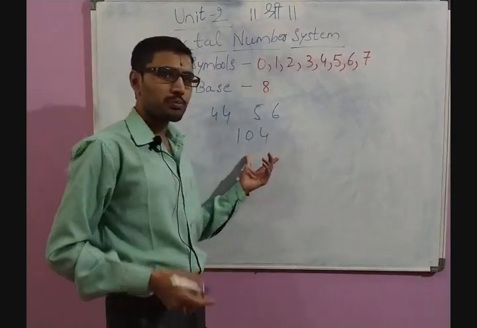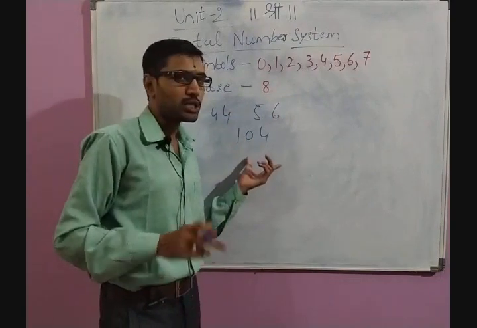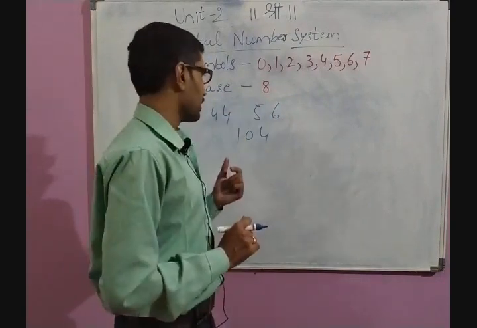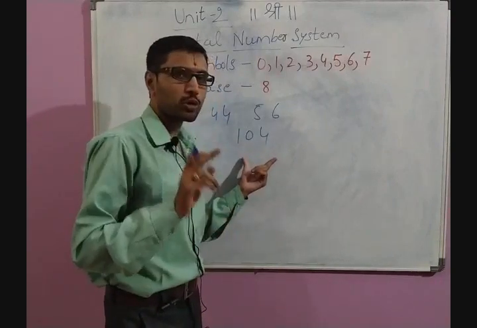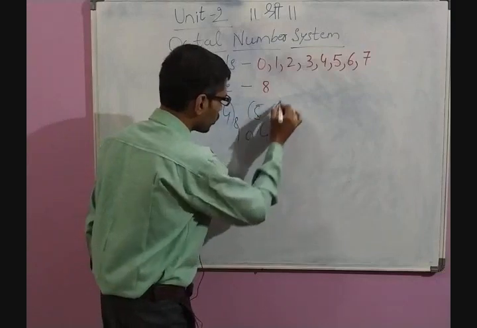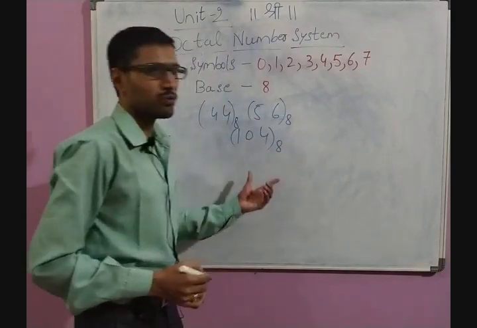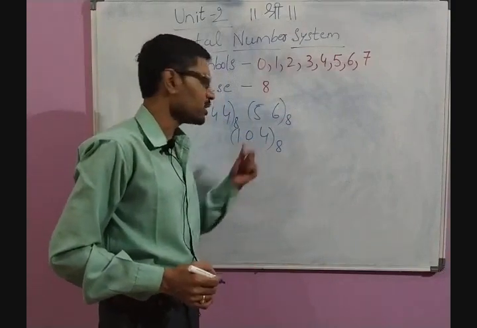But remember that if I don't specify the base, by default it will be considered decimal. So it is always better to write the base, because it gives more meaningful information.